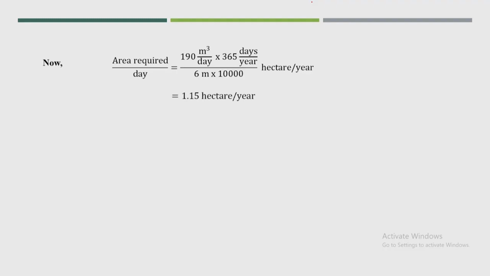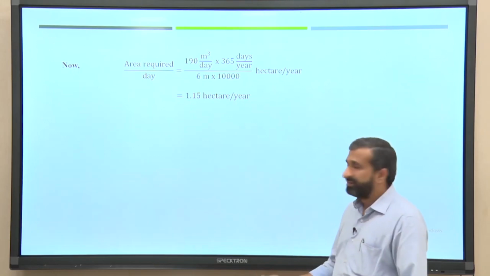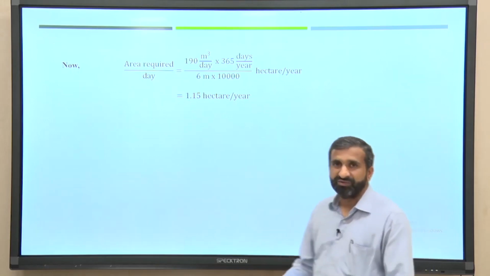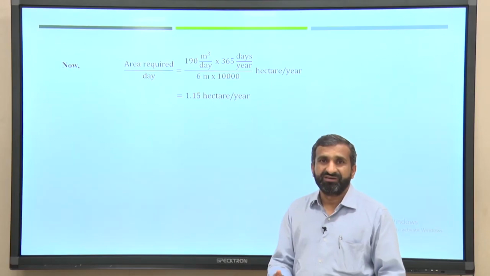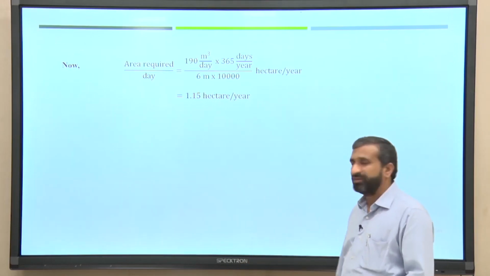Now the area comes to 1.15 hectare per year. This is the answer: in a year, 1.15 hectare will be required for disposal of waste from a 31,000 population.